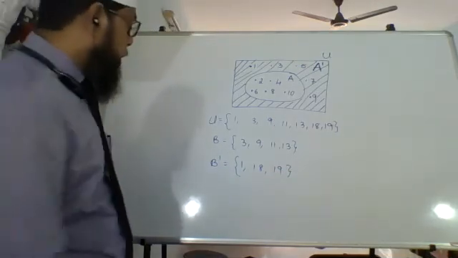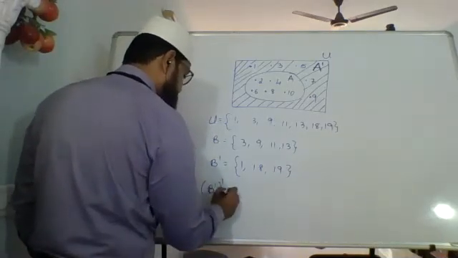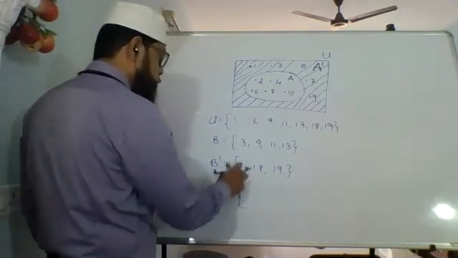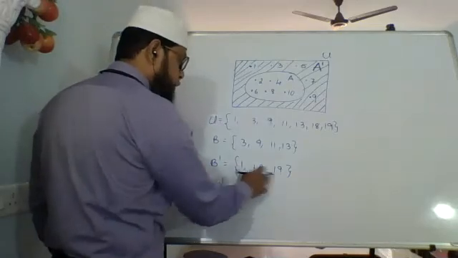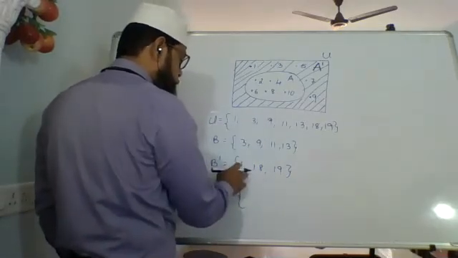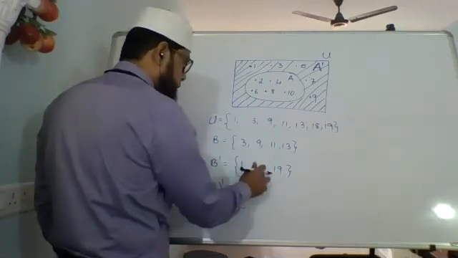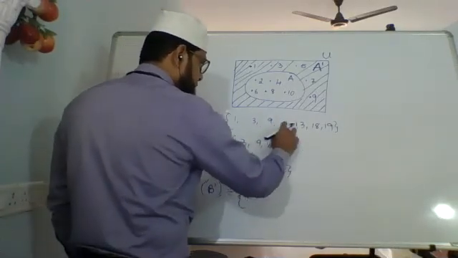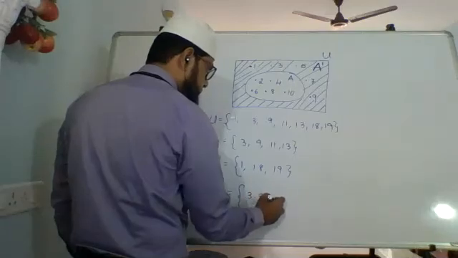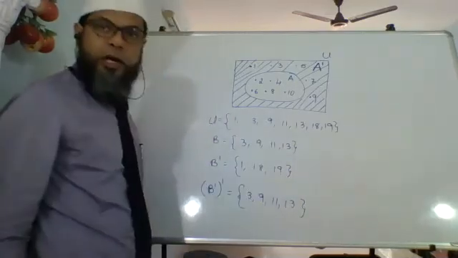Now what would be complement of this complement, B dash dash? तो जो इसमें है उसको ड्रॉप करना है, और जो यूनिवर्सल सेट में है वो लिखना है जो इसमें नहीं है. तो 1 इसमें है, ये इसमें भी है, ड्रॉप, 3 लिखना है. 18 को ड्रॉप करना है बीच में के, 9 लिखना है, 11 लिखना है, 13 लिखना है, 18 और 19 ड्रॉप करना है.